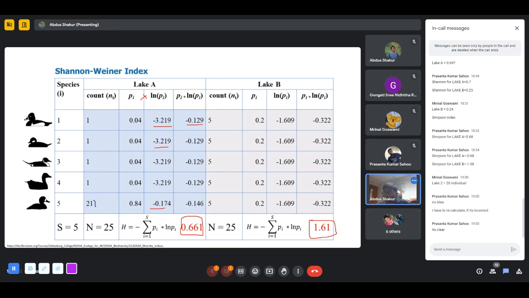So now we have these values, right? 0.66 for Lake A and Lake B has 1.61, the Shannon index value. Which lake do you think is more diverse in terms of the birds present here? Lake A or Lake B?